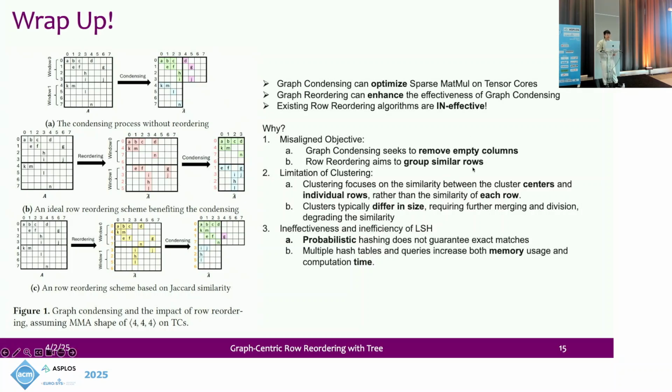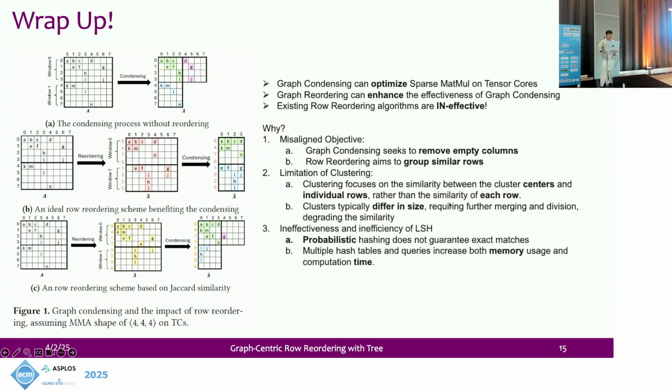Also, the formed clusters typically differ in size, but the row windows have a fixed size. This means that the formed clusters require further merging or division.